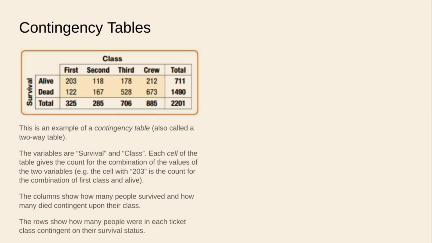The rows show how many people were in each ticket status contingent on their survival status. So let's look at the row of the dead. 122 out of 1,490 were from first class, 167 out of 1,490 in the second class, and so on and so forth.